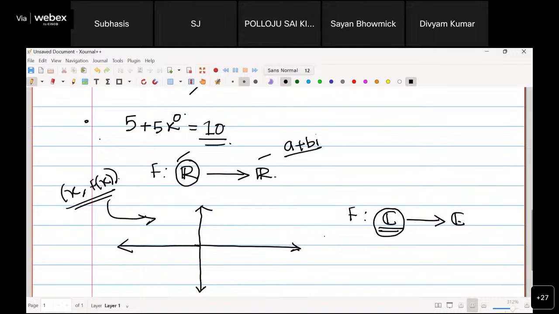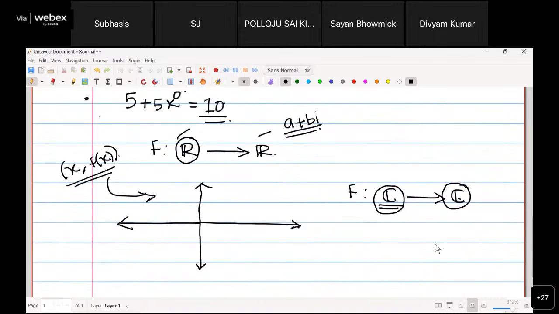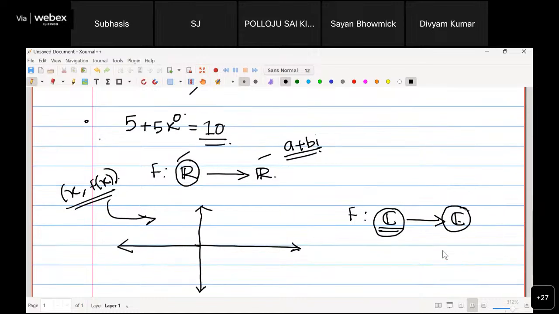You can represent a complex number in a coordinate system, but you cannot represent the graph of a complex function, because when you represent a complex function, you have f of c, for some complex number c. So basically in some sense you are in 4 dimensions.